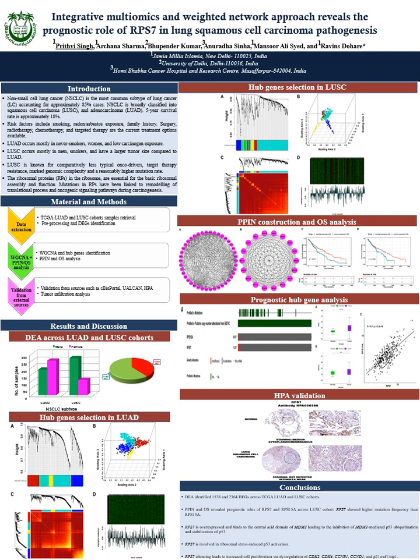Also, there was a high correlation of 0.74, which is significant, between RPS7 and RPS15, shown by the scatter plot. And RPS7 had a significant difference between normal and tumor patients, as shown by the box and whisker plots.